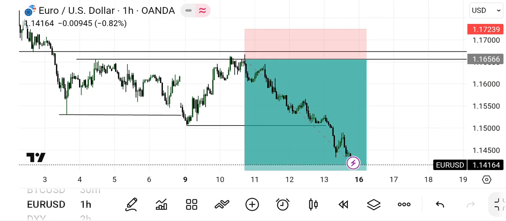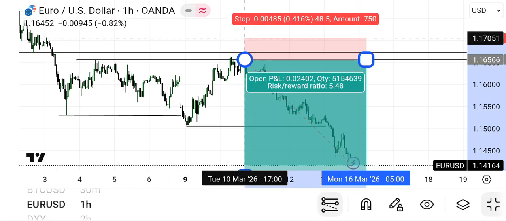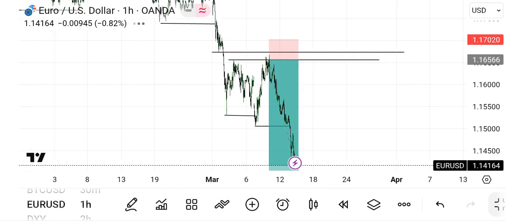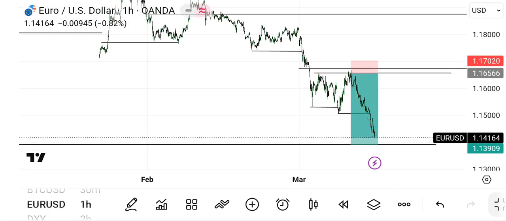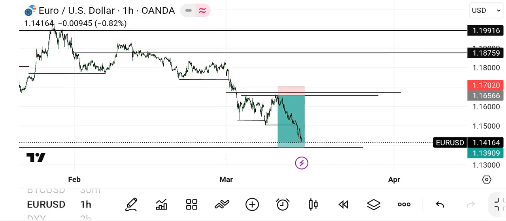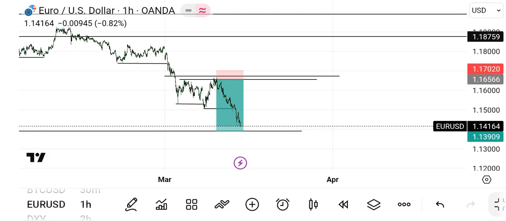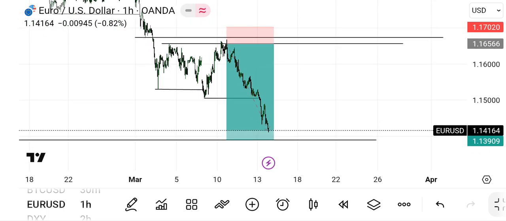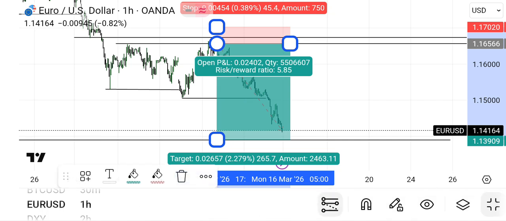You put your stop loss slightly above your fair value gap. Simple. So this is how you analyze your market. Clean, no stress. Plot out your key levels and wait for price action.